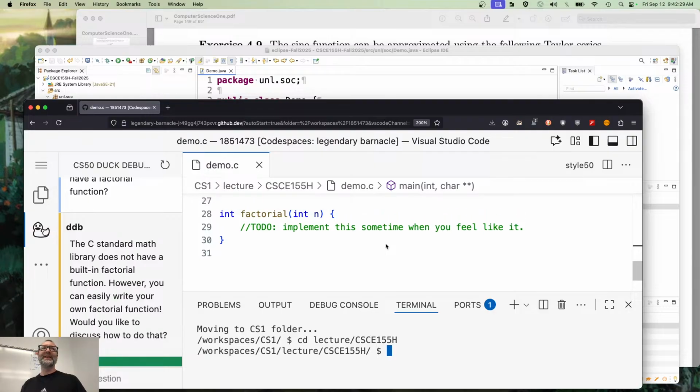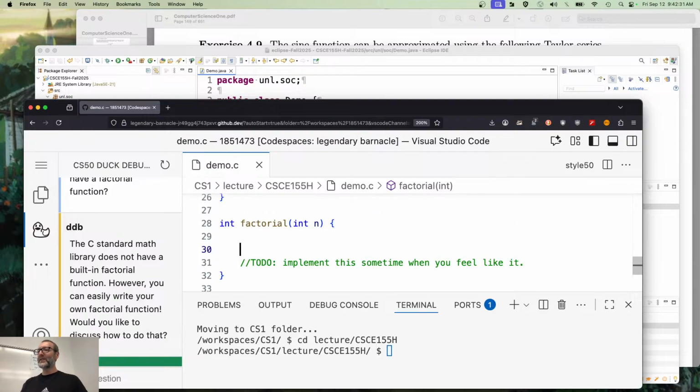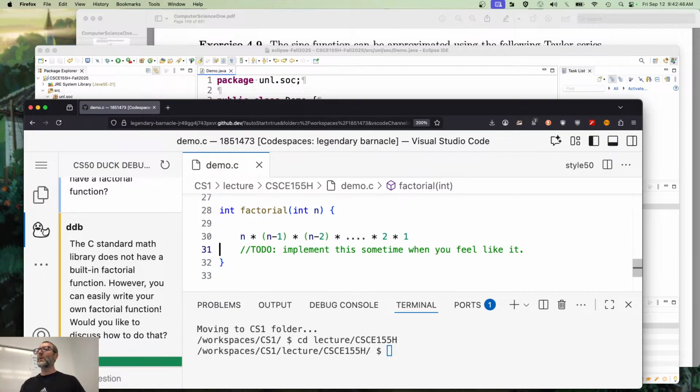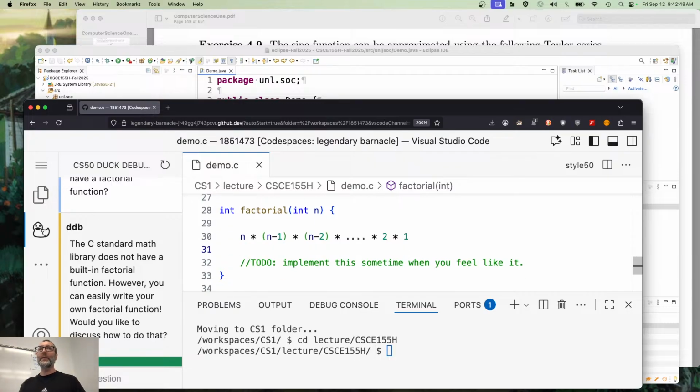Now we have to do this. Given n, what I want to do is say n times n minus 1 times n minus 2, which is how it's usually written in mathematics, times ... times 2 times 1. So writing that out, I'm going to create another function here. For int i equals 0, i is less than n, i plus plus.